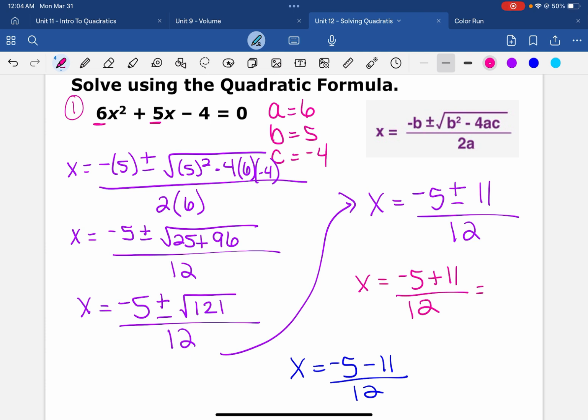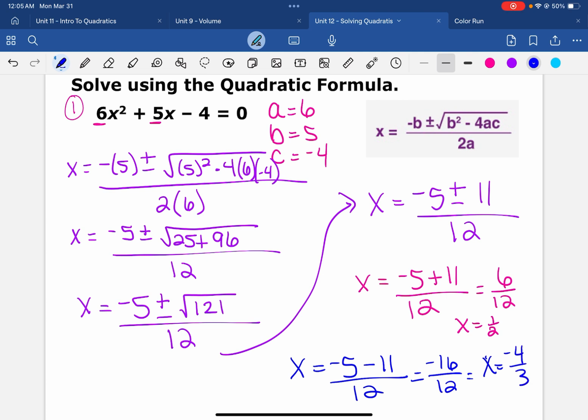Negative 5 plus 11 is 6 over 12, which we know does simplify to 1/2. So x is equal to 1/2. Down here in the blue, negative 5 minus 11 is equal to negative 16 over 12. And we know that that can simplify to x is equal to negative 4/3.